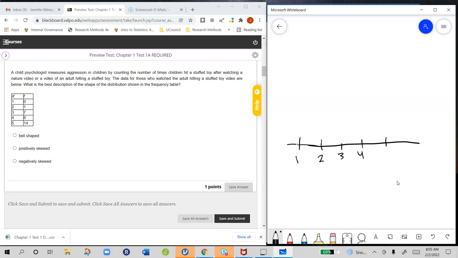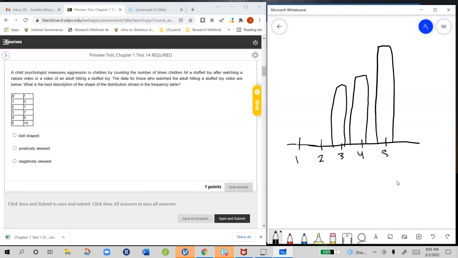And then I have 14 people with scores of 5. I have 8 people with scores of 4, I have 7 people with scores of 3, and I'm just ballparking this graph as we go, and 1, 2, and 1, 1, right? So that would be a negatively skewed distribution there.